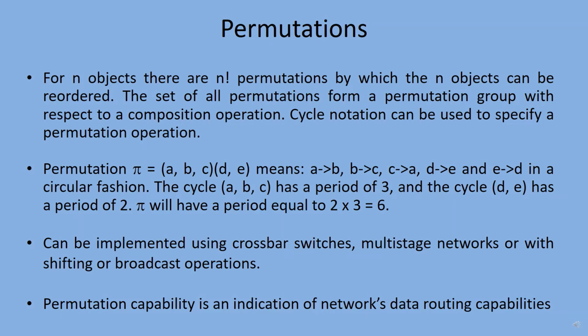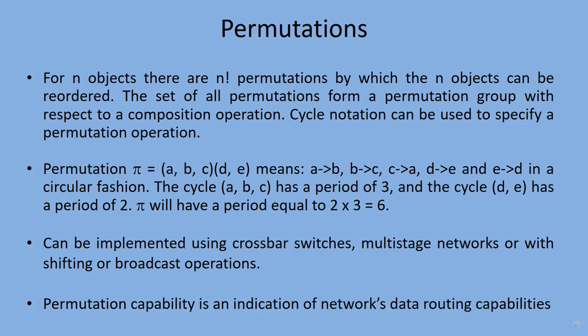Permutations. For n objects, there are n factorial permutations by which the n objects can be reordered. The set of all permutations forms a permutation group with respect to a composition operation. Cycle notation can be used to specify a permutation operation.